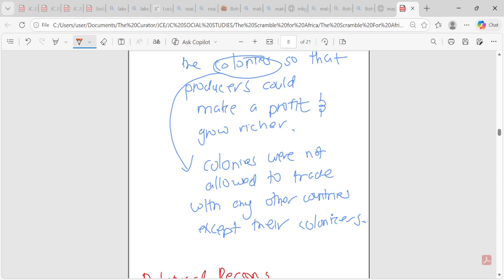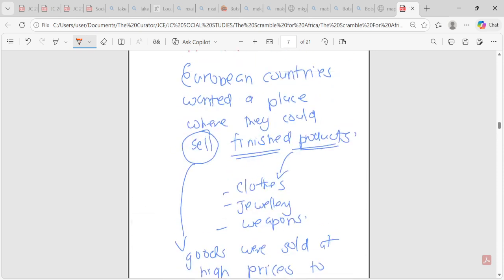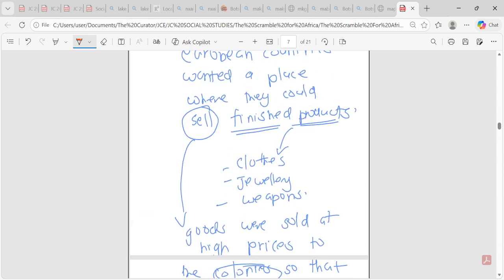They came to Africa, they established a market here, they sold to us, and they also had these laws that we could not sell to other countries, except to them. So their enrichment, their profit making was guaranteed. They sold clothes, they sold jewelry, they sold weapons.